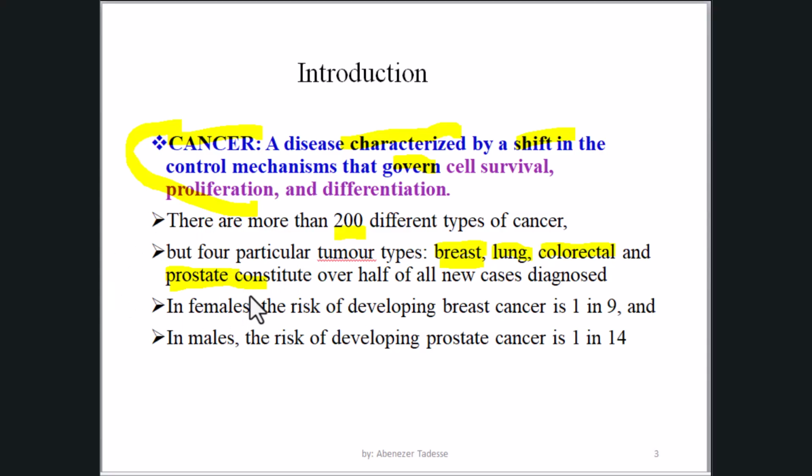Here, what you should know is that the development of breast cancer is very high in the female population compared to males. The major reason is that in females, the breast mass is very large, so they have estrogen positive receptors in high number, which predisposes them to breast cancer.